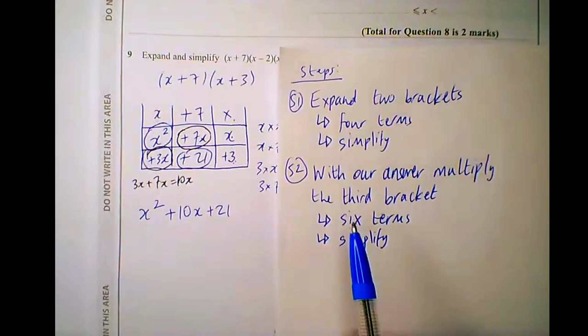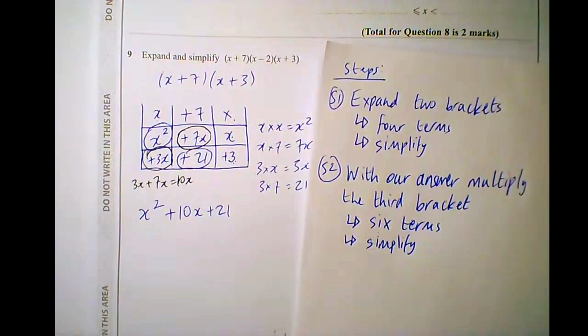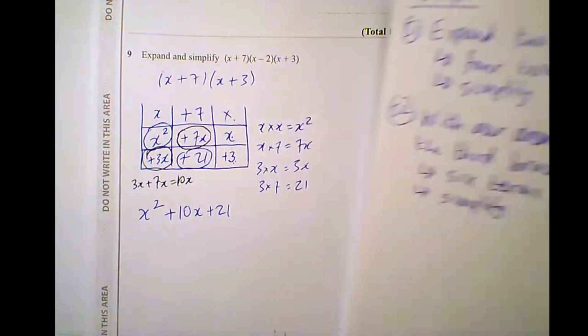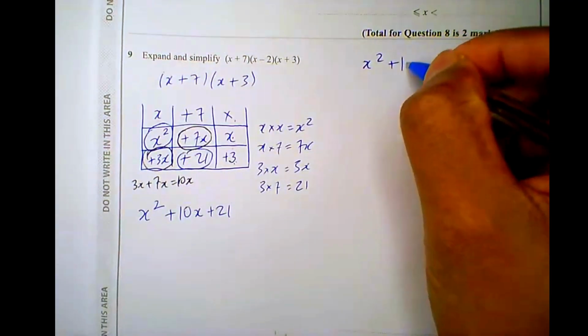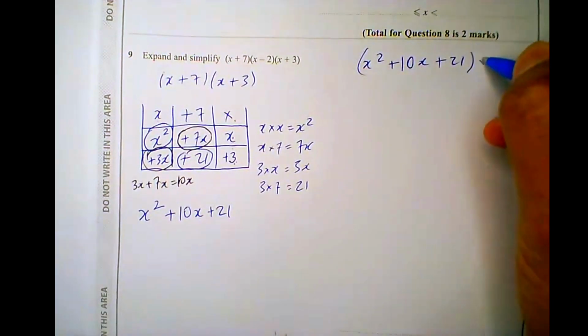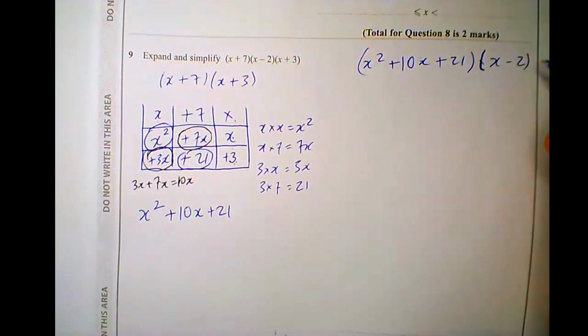Now I am going to take my answer and I'm going to multiply it with the third bracket, which is x − 2. I'm going to get 6 terms and then I'm going to simplify. So I'm going to have here x squared + 10x + 21 times x − 2, which is the thing that I haven't multiplied yet.